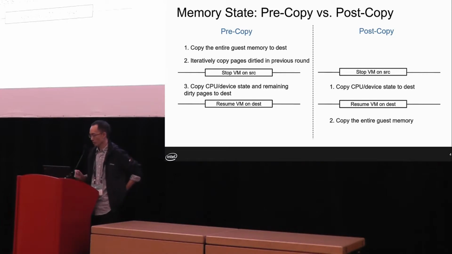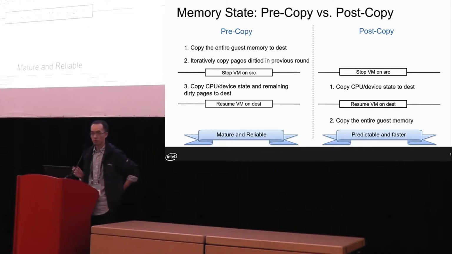So compare pre-copy versus post-copy. Pre-copy is more mature and reliable. If any problem happens in the migration process, because all the state is still on the source machine, you can just exit the migration process and resume the VM. It just works. But for post-copy, because you are recovering the state while the VM is running, if anything happens, even the source side doesn't have the latest state.